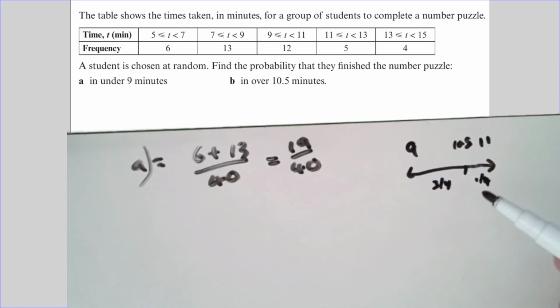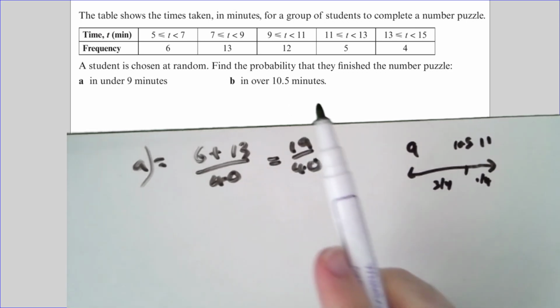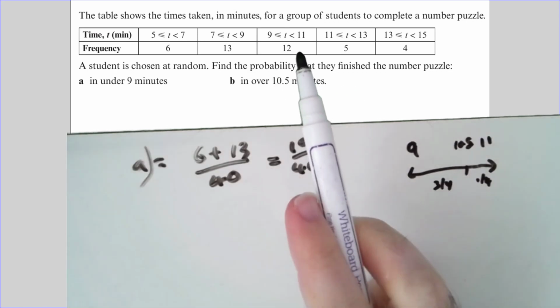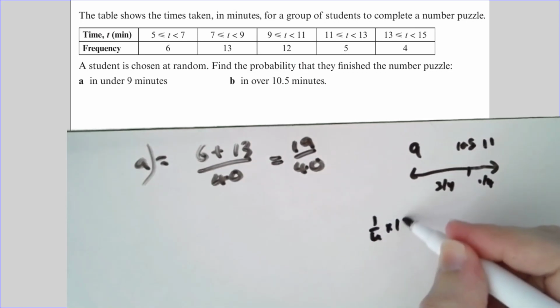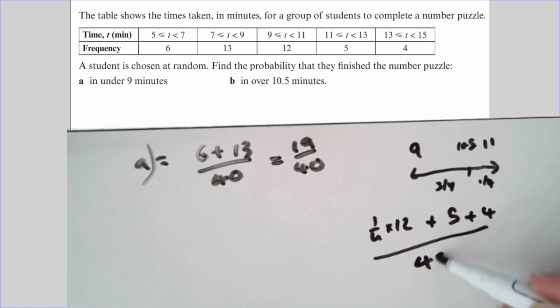You can use linear interpolation if you'd rather, the thing we use to find the median, but we can split up this class. To be over 10.5 minutes, we're going to include 1/4 of this class, because there's 1/4 of this 12 above 10.5. So it's 1/4 of 12 plus the 5 plus the 4 from this class and this class, all out of the 40, which is our total.